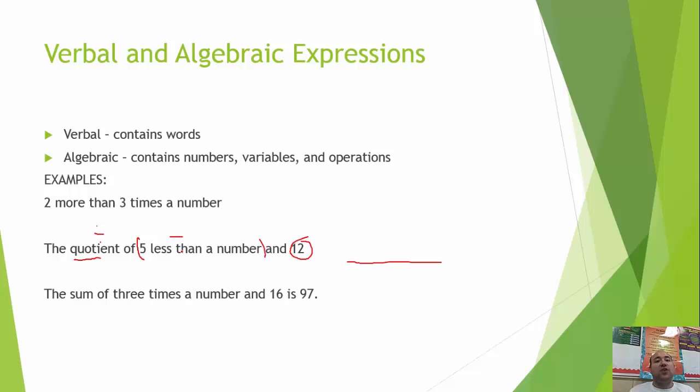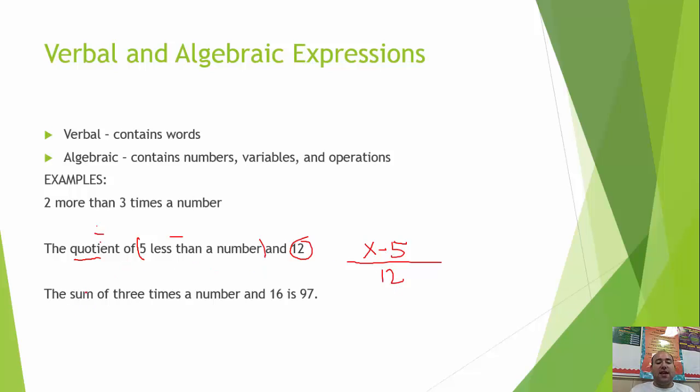But the thing that's tricky about less than, and you need to pay attention to, is we technically don't write this from left to right the way we see this expression. So this won't be 5 minus a number. It's actually a number minus 5. And since I don't know what the number is, I'm just going to call it x. So 5 less than a number is x minus 5. And then the other number we're dividing is 12. So the second expression becomes x minus 5 all over 12.